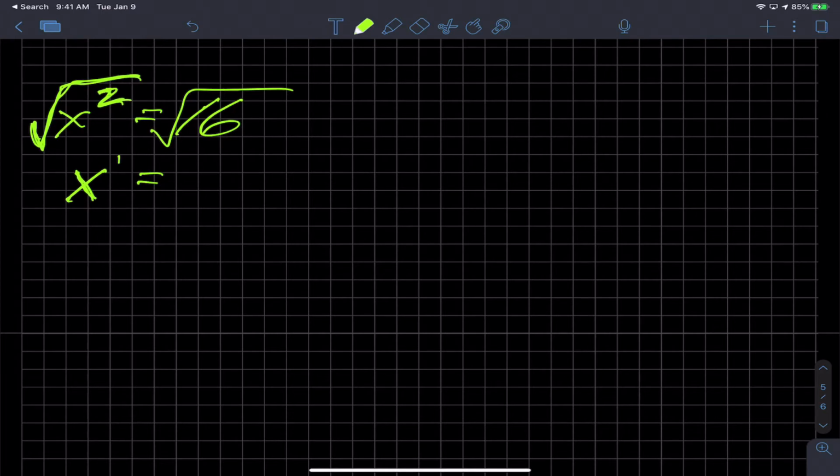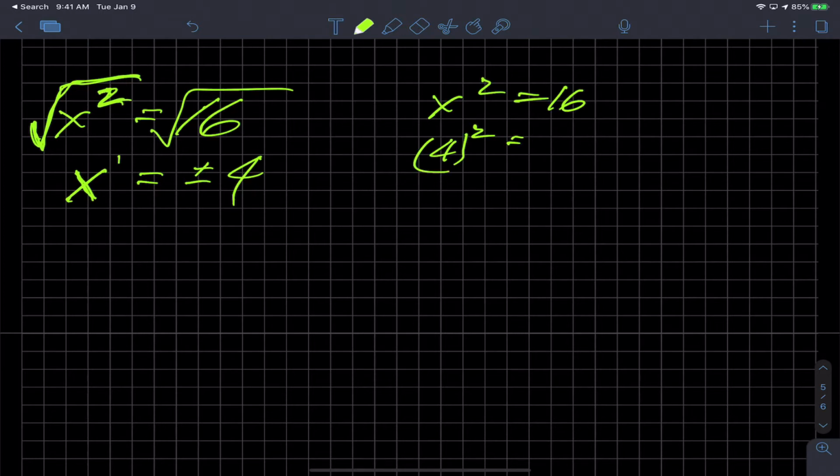And for the square root of 16, I have to consider both the positive and negative values that will make the original equation true. The square root of 16 is 4. So in other words, if I put 4 in for x, I will get 16, because 4 times 4 is 16.